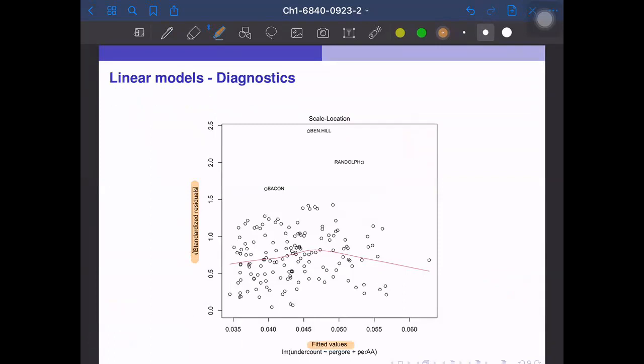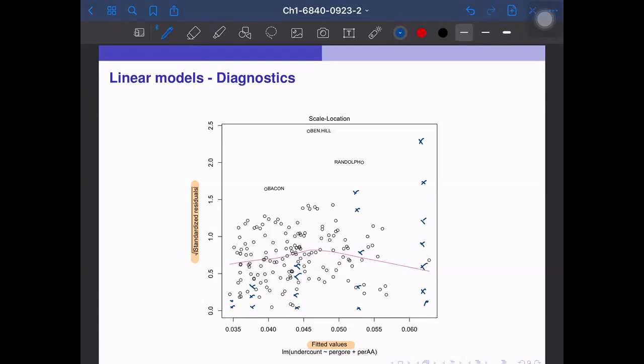So actually, if we need transformation for y, then we have maybe larger observations at larger fitted values. So the graph looks like this. So this happens when we need transformation in y.